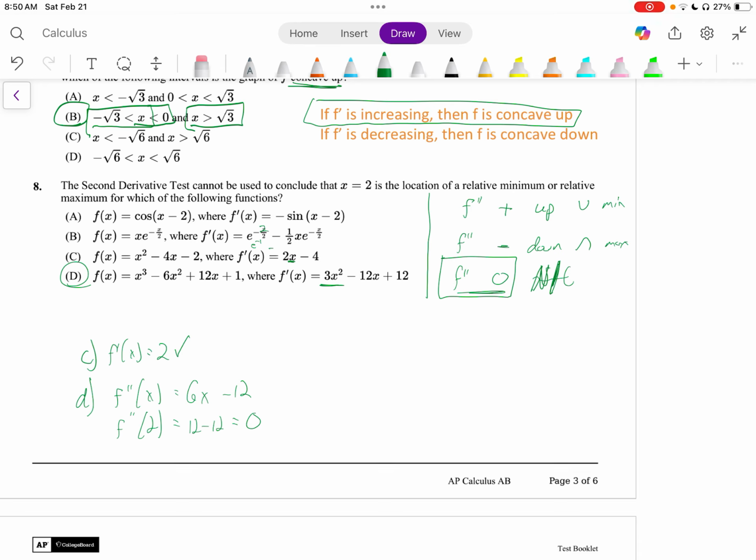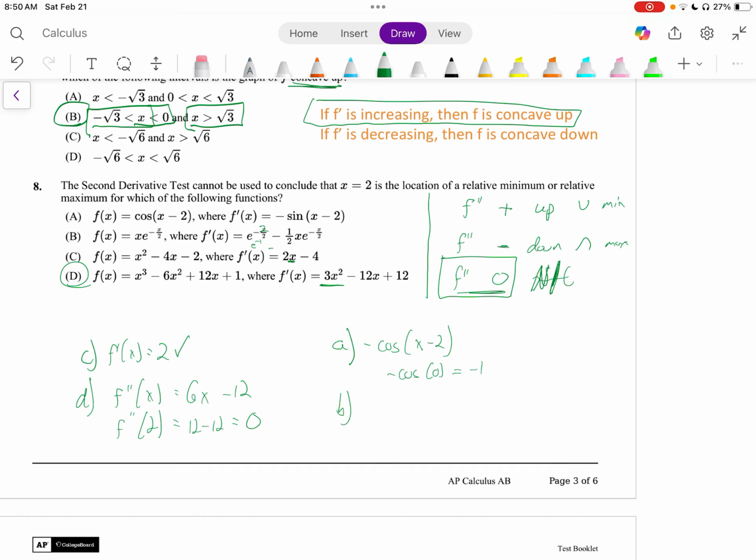So again, doing the ones that are simpler first, we could have gone straight through, done A, B, C, and D. If we tried A, the derivative of negative sine of x minus 2 is negative cosine of x minus 2. And if we plugged in 2, we would get negative cosine of 0, which is negative 1. So that would have worked.